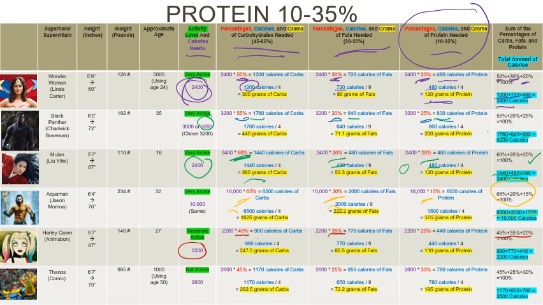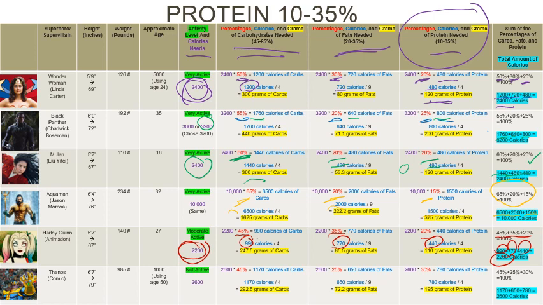So let's look at the protein needs. 2,200 times 20% equals 440 calories of protein. 440 calories divided by 4 equals 110 grams of protein. So let's calculate the calories. 990 plus 770 plus 440 calories equals 2,200 calories. The numbers are the same still.